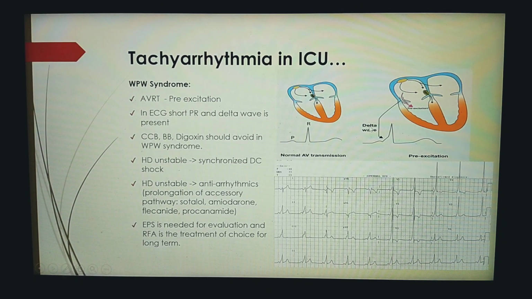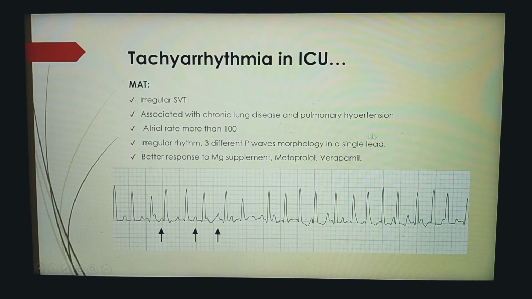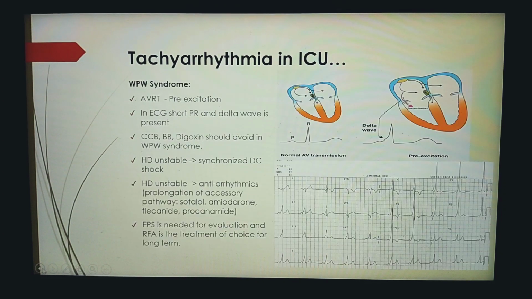Then the pre-excitation produces a delta wave abnormality. So here the P is almost near the QRS complex, that is, the PR interval is very short, and the QRS complex has a slur that is called the delta wave.